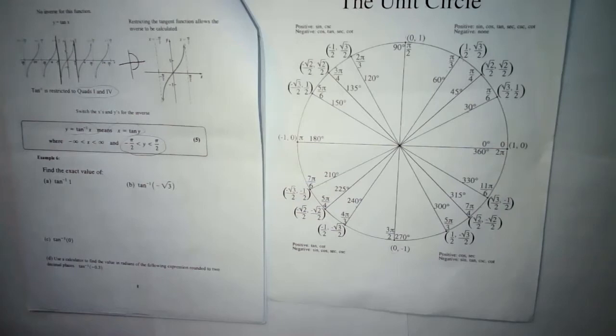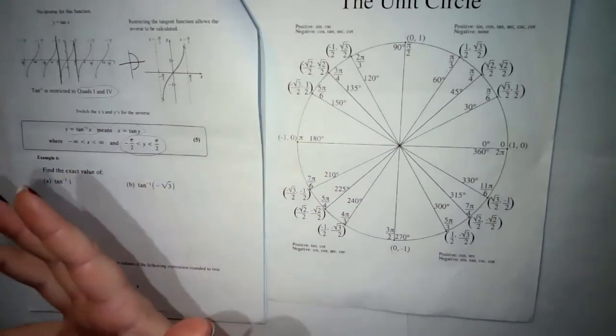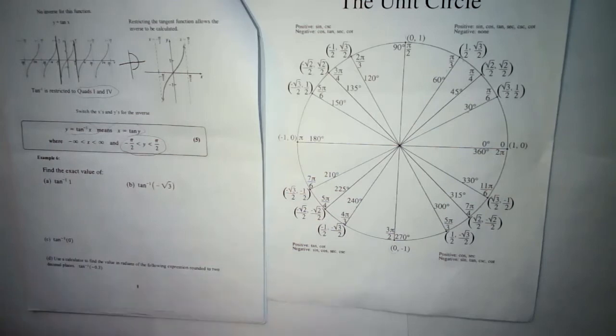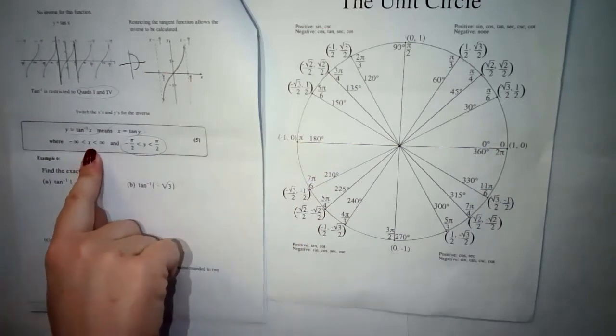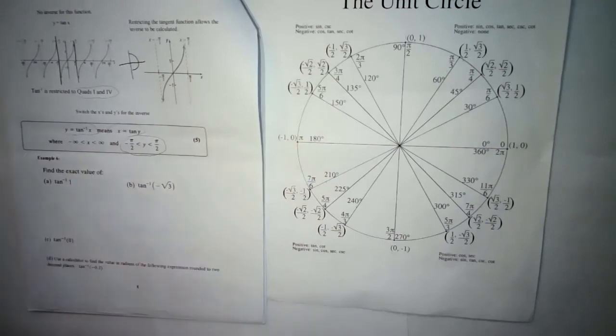So tangent here goes all real numbers for his range, which means his inverse is all real numbers for his domain. So inverse tangent can never be undefined. Okay, everybody see that? So that's new. We haven't dealt with that before.